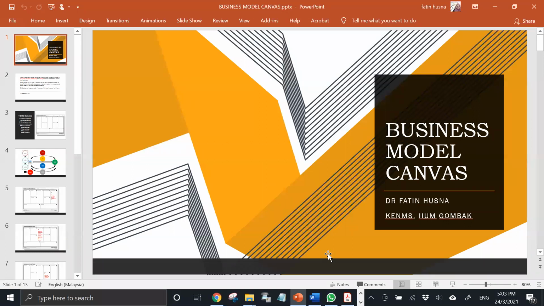Pitching meaning that if you want to apply for funding or maybe a loan, or you want to go into a competition, any competition. Sometimes the university comes up with a business pitch competition, so you can use the business model canvas, or the short form is BMC.